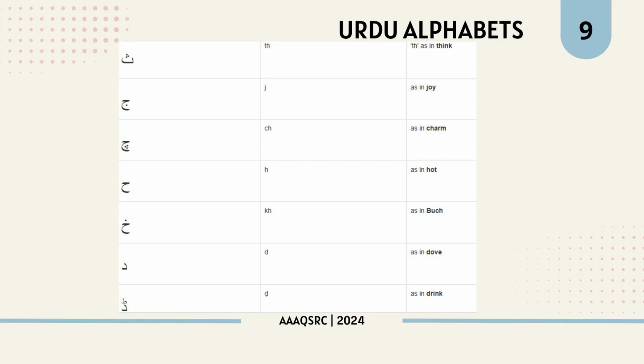The next letter we have is another te. This sound has no alternative in English, but we use T as an alternative, though it's not a proper alternative for te.